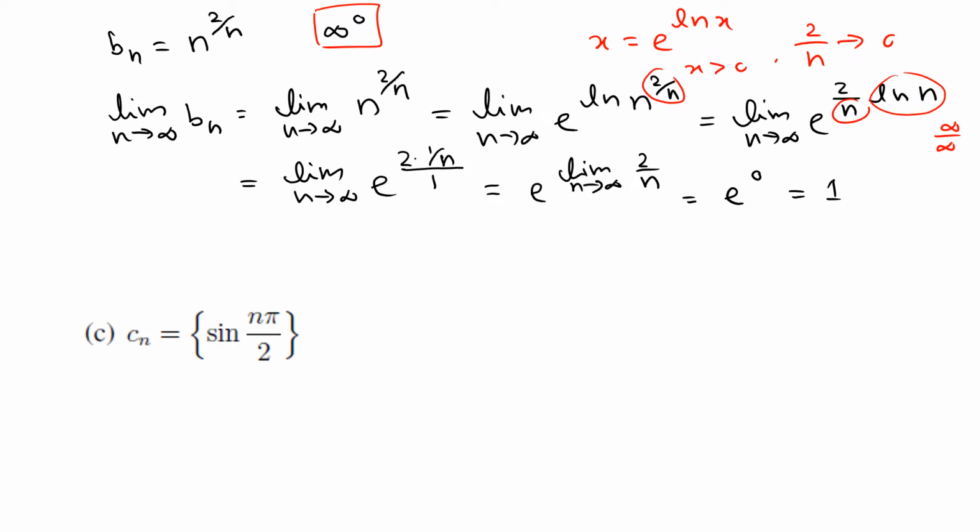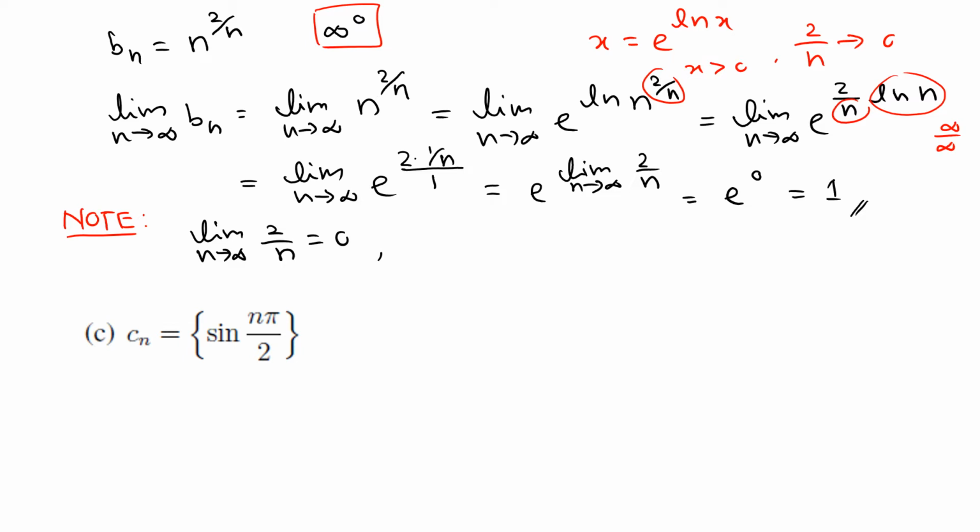Okay, and then I have also seen some students make a wrong argument, so I'm going to write this as a note. This is the problem here. Some of you noticed that the limit as n goes to infinity of 2 over n is 0, that's true.